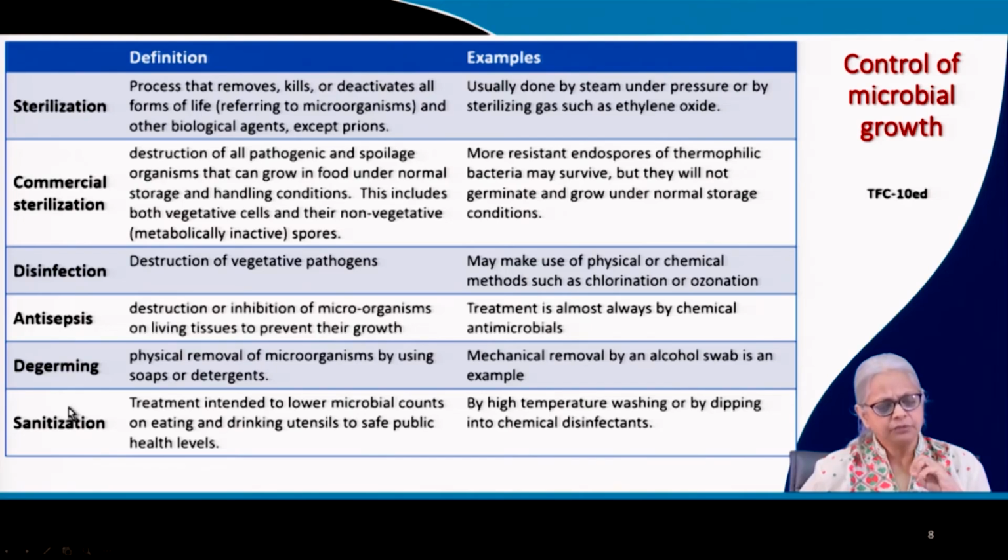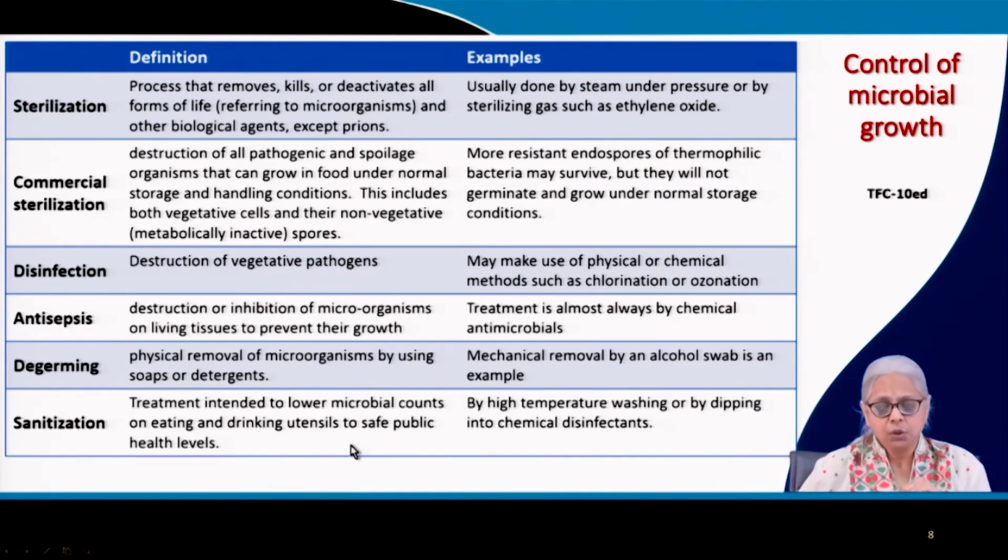And then we have sanitization. We want to ensure that in any public places, door handles, desks, all these things, utensils that we use in public areas or even at home, the microbial count on these surfaces is as low as possible, close to zero.